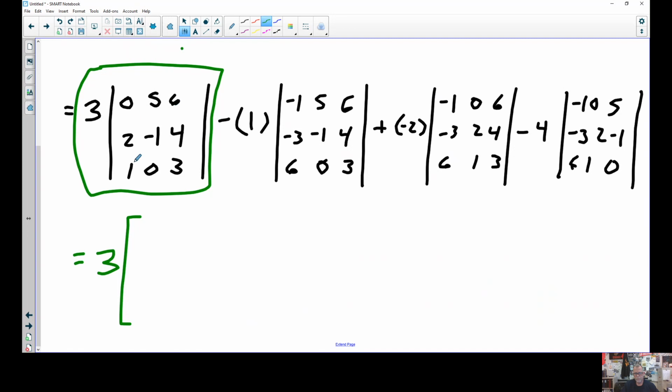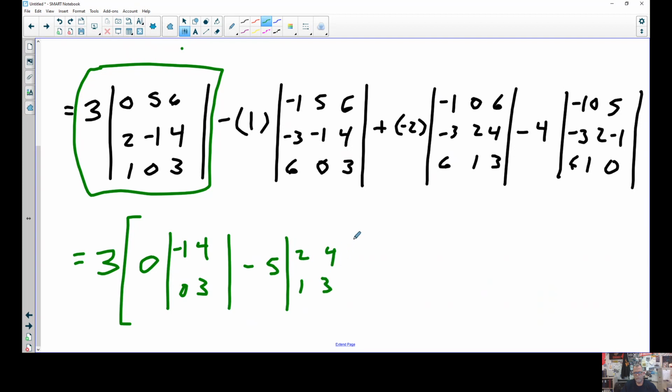I would have 0 times the determinant from getting rid of this row and this column, which would be negative 1, 4, 0, 3, minus 5 times, and I get rid of that row and column, 2, 4, 1, 3, and then plus 6 times this one, which would be 2, negative 1, 1, 0. And so we'd have all of that.